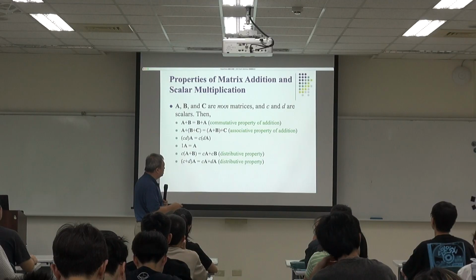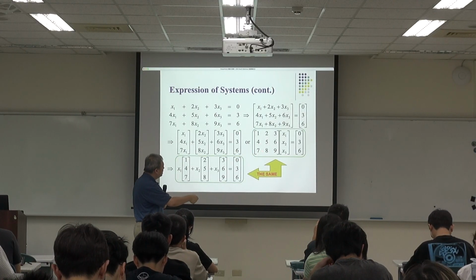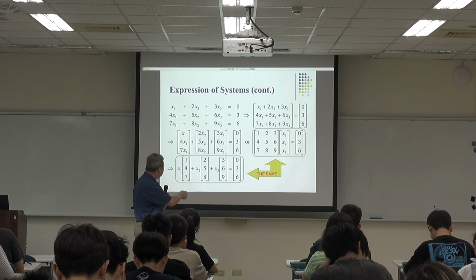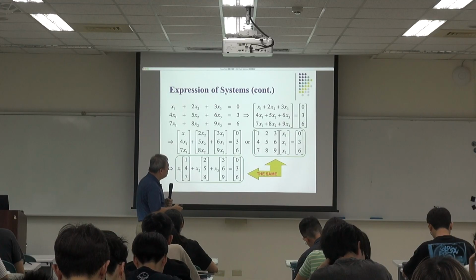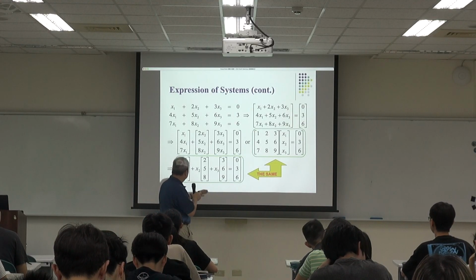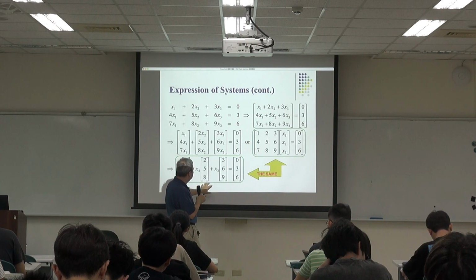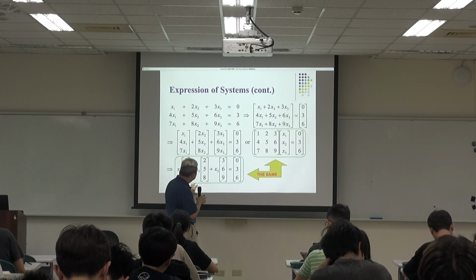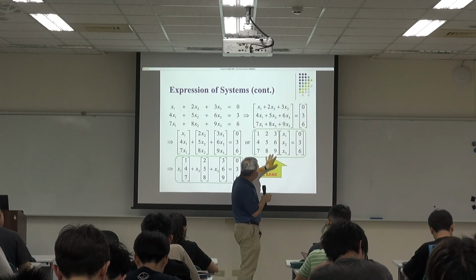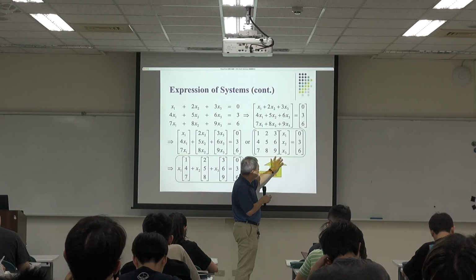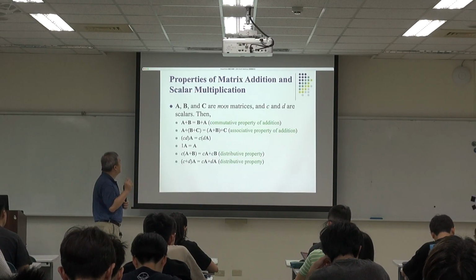Keep in mind that a matrix can be considered a combination of column vectors. Or putting it another way, a linear combination of vectors can be considered a matrix multiplied by a column vector. Keep that in mind.